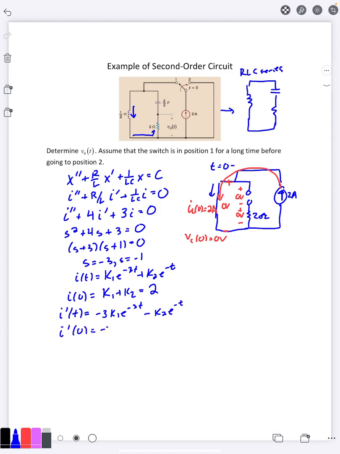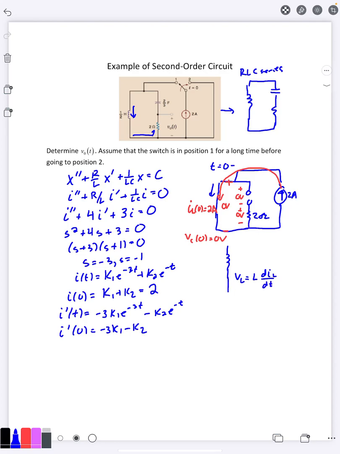And I prime of 0 then is -3 k1 minus k2. The reason we do this is because we have an inductor, and for an inductor, the voltage is L times the derivative of the current.